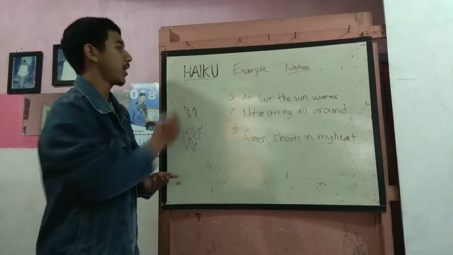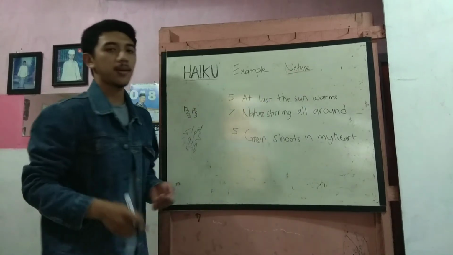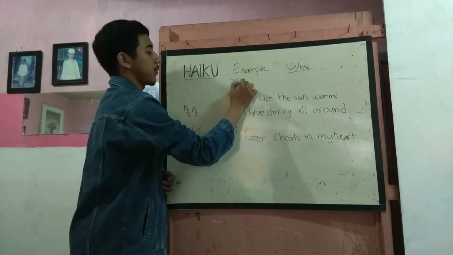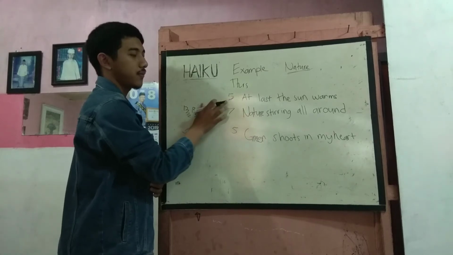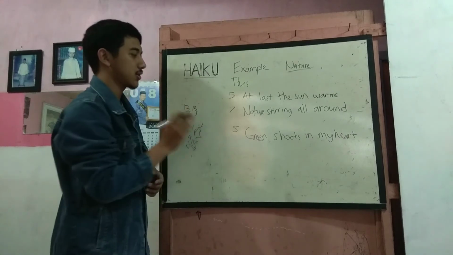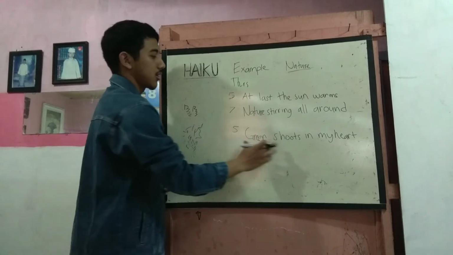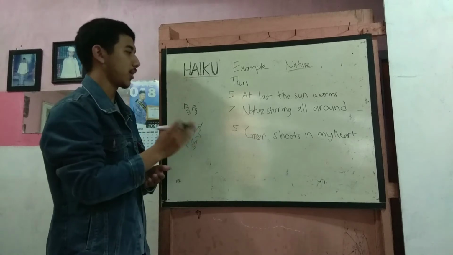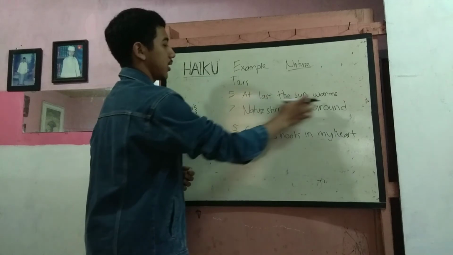For example, from Haiku Poem, I will take a nature theme. This is the example from Haiku Poem. In the first line, we must have 5 syllables, in the second line we must have 7 syllables, and in the third line we must have 5 syllables. So we can count the syllables in the sentence.